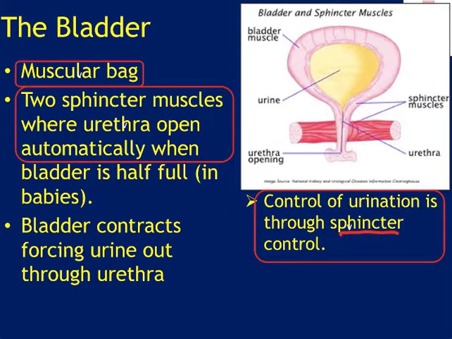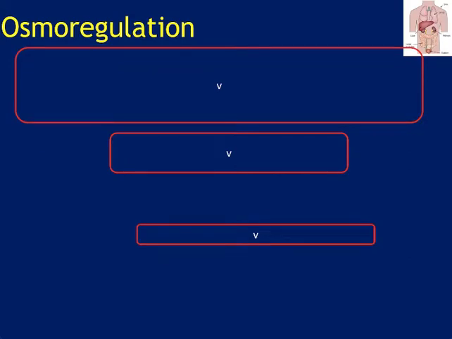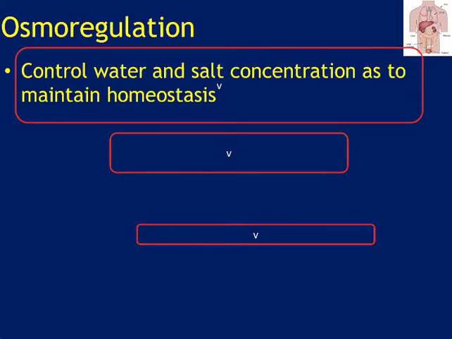And the last little bit that we're going to do today is just talk a little bit more about osmoregulation. So again, osmoregulation, you should be thinking of osmosis. So it's controlling the water and salt concentration so that we can maintain this constant internal environment.